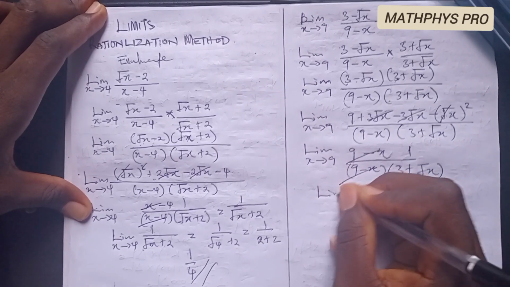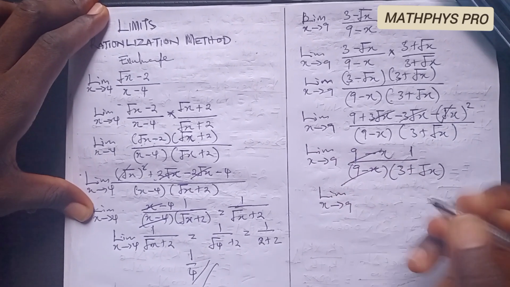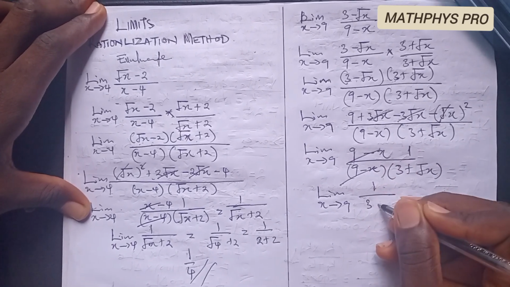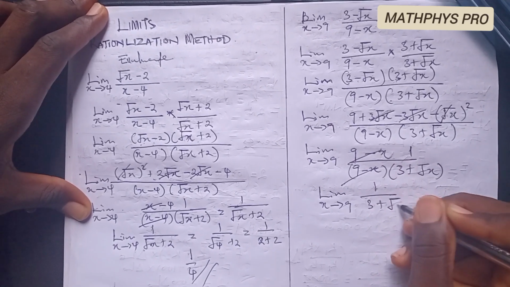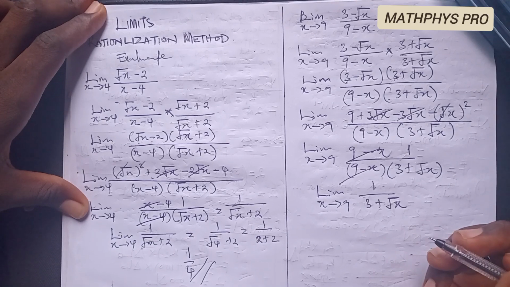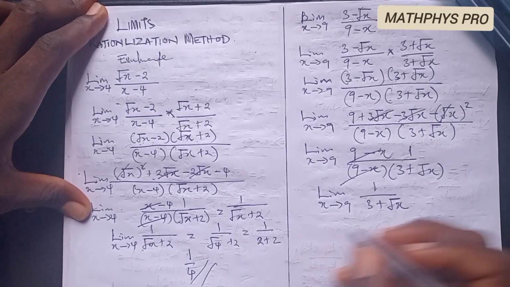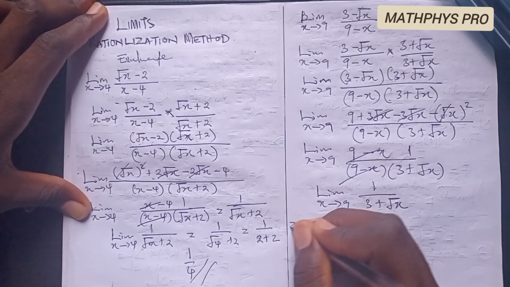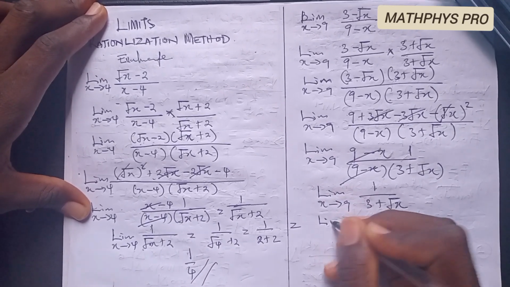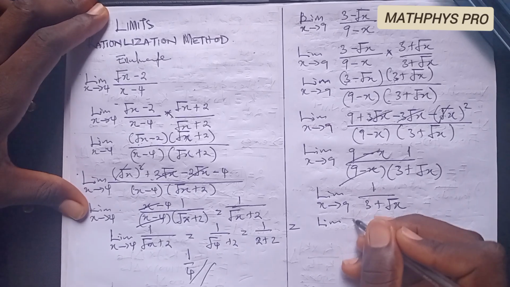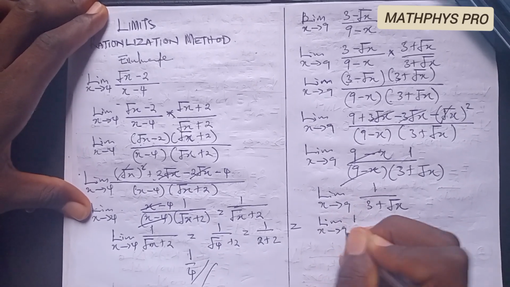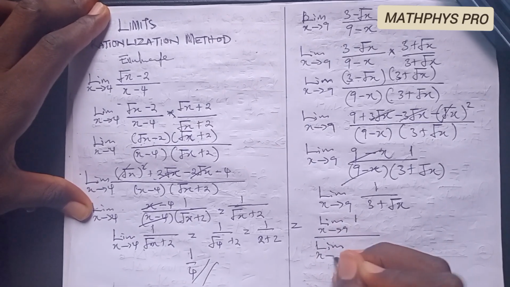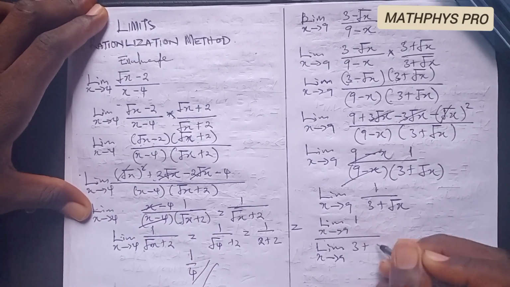So the limit as x approaches 9 of 1 over (3 plus root x). We say this is equal to the limit of 1 as x approaches 9 over the limit as x approaches 9 of (3 plus root x).